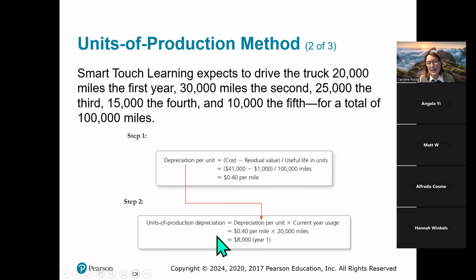So what does that look like on our books? Well, in this particular calculation, we are going to drive that truck 20,000 miles a year. So we just happen to also come up with $8,000 of depreciation per year. It doesn't always work out this way where units of production will give you the same number as straight line.